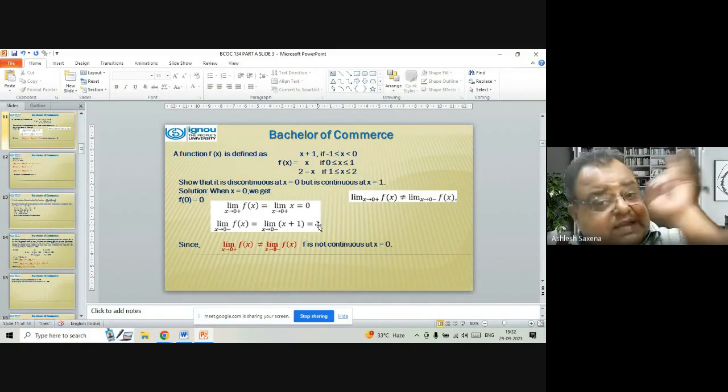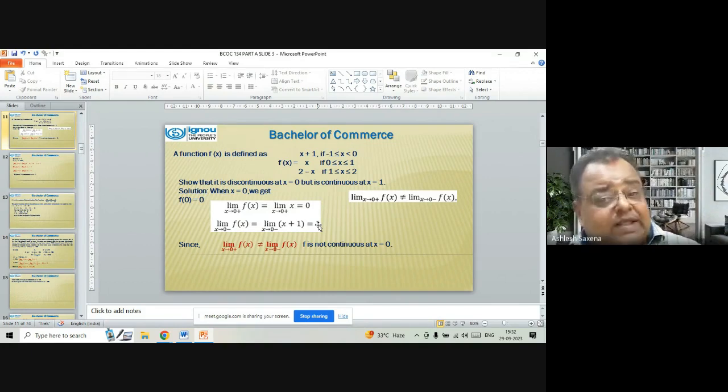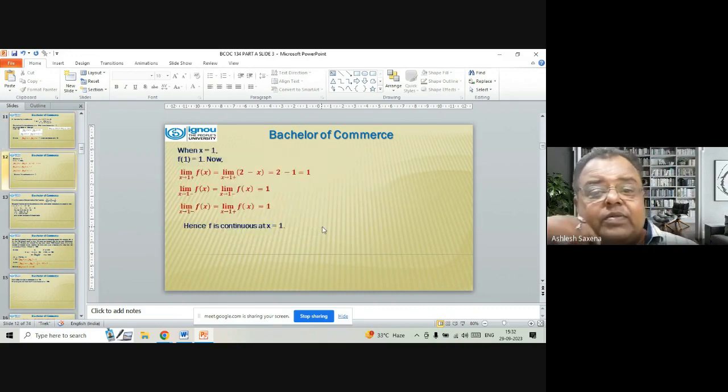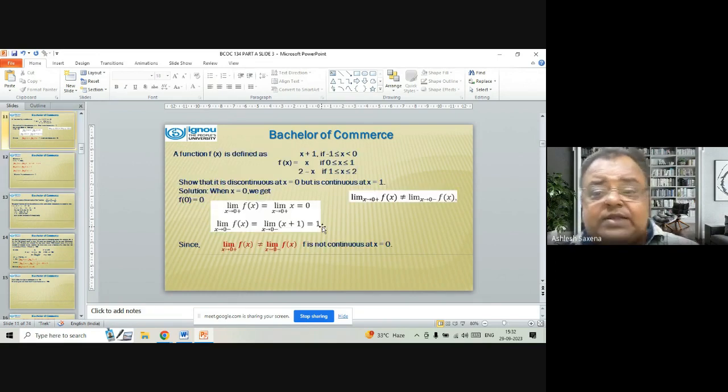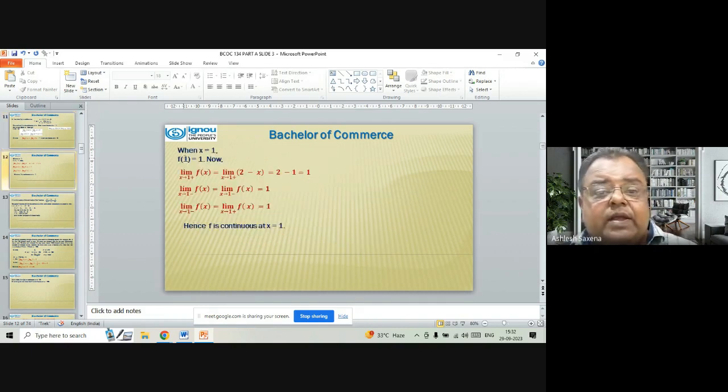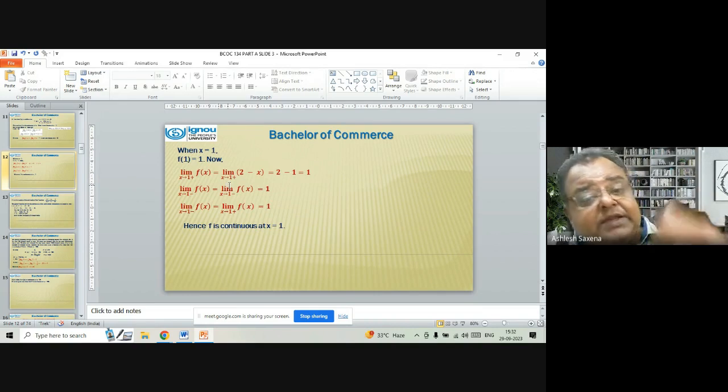Now, in the second part, we will be showing that at x is equal to 1, it is continuous. We have to take x is equal to 1. Your function will be the same because you can see that f(x) is equal to x when x is less than or equal to 1. Your f(x) will be 1, f(1) will be 1. Now we will be taking the limit as x tends to 1 plus.